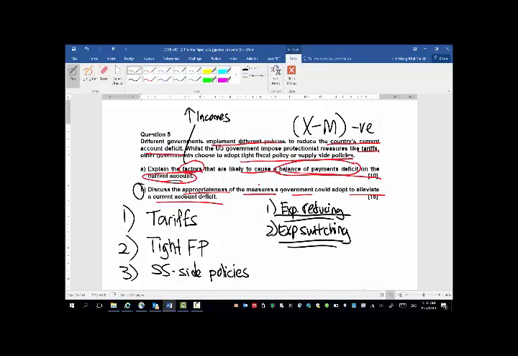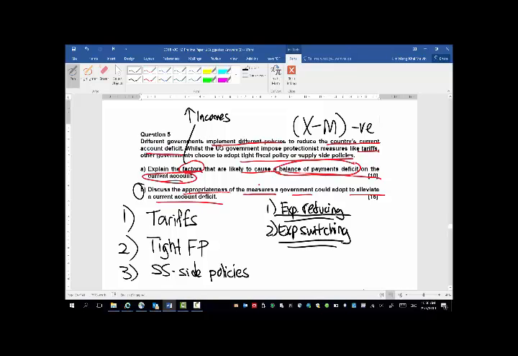Earlier we identified one of the factors that caused the current account deficit, and one of it was higher economic growth in your country or higher incomes. You remember that we mentioned that higher incomes, because of the higher purchasing power, you buy more imports. And because of this increased expenditure on imports, your X minus M might actually move to negative. Assume ceteris paribus, assuming X stays the same, your M increases, the extent of this increase actually greater than your X, such that it becomes negative.